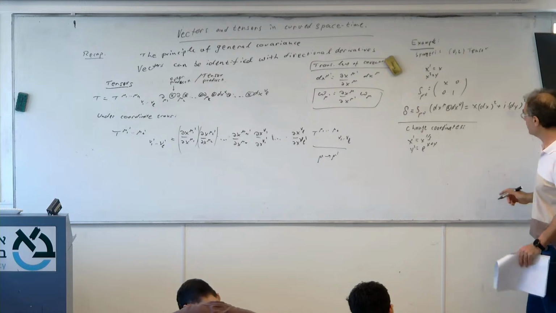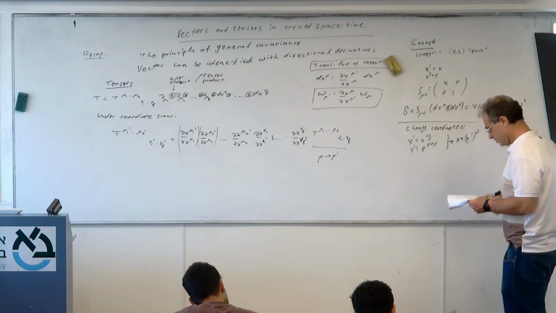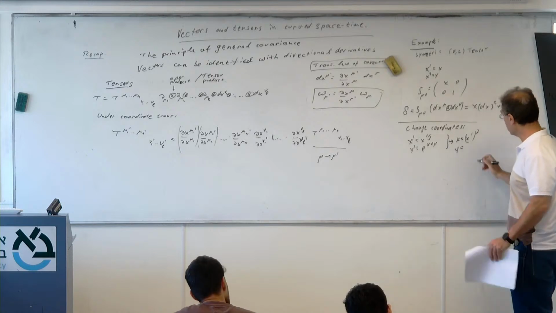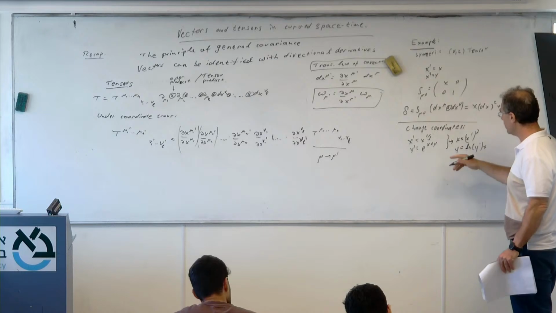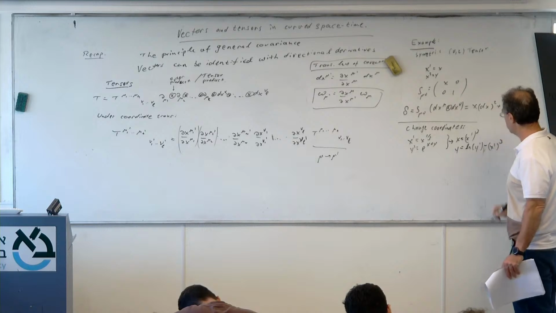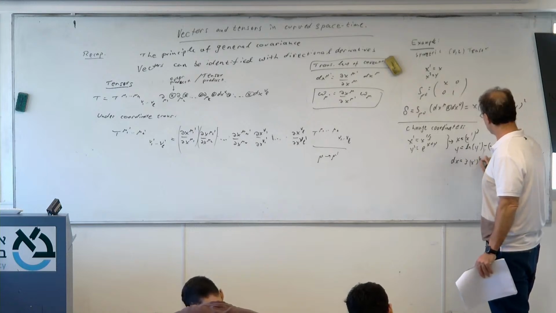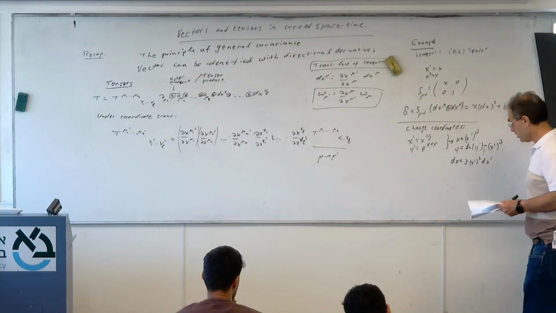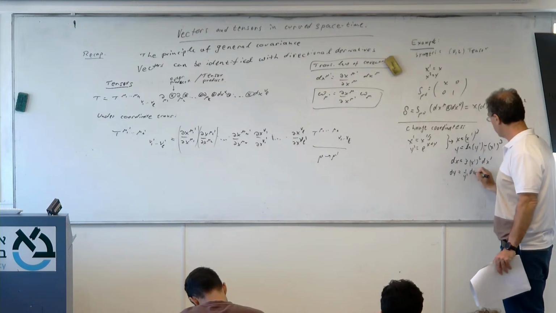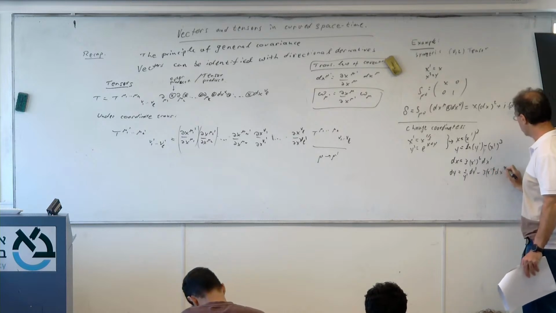That means I can write x is x prime cubed, and for y I need to take the log, so y is log y prime minus x prime cubed. Then dx is 3x prime squared dx prime, and dy is 1 over y prime dy prime minus 3x prime squared dx prime.